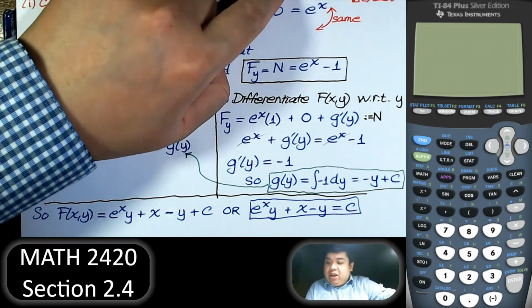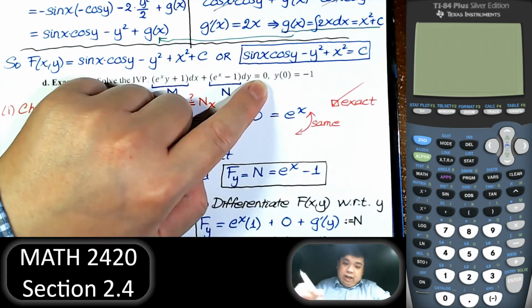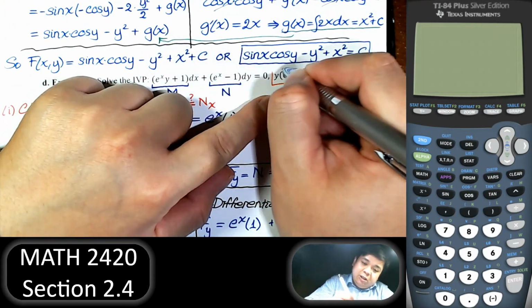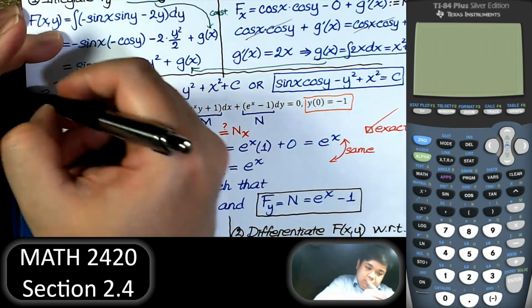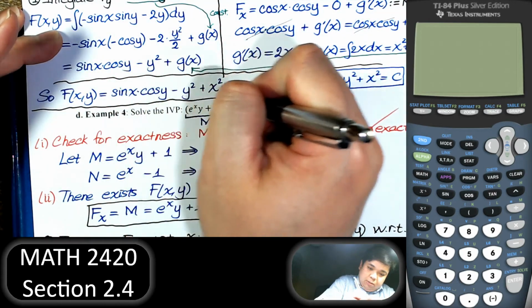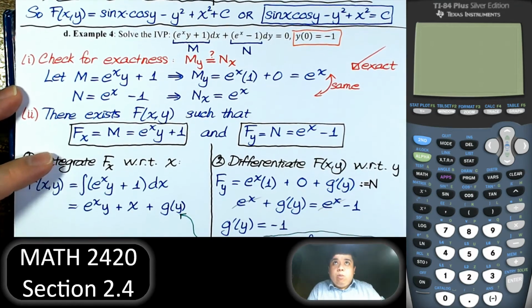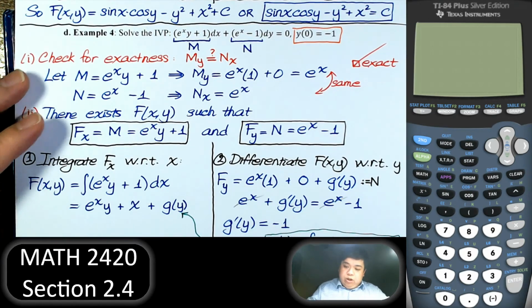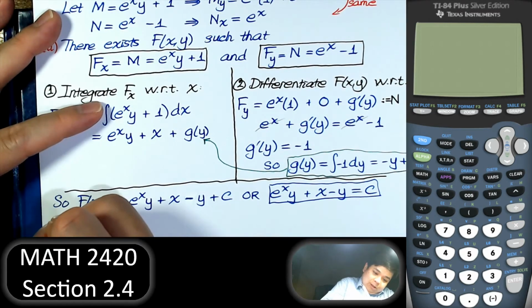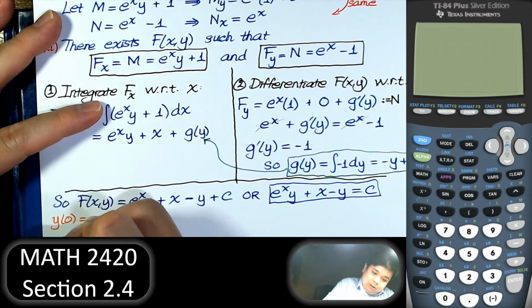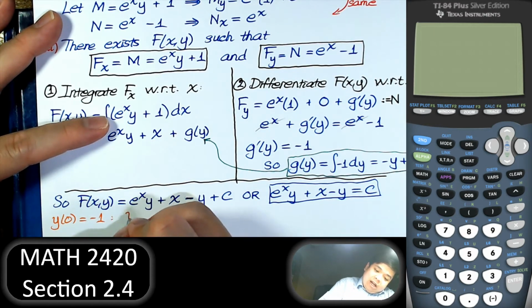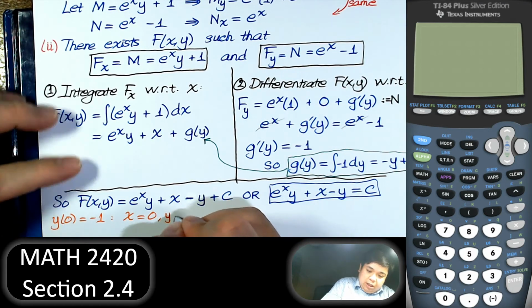Now we have the initial condition that we need to account for. So y of 0 is equal to negative 1, meaning that x is equal to 0, y equal to negative 1.